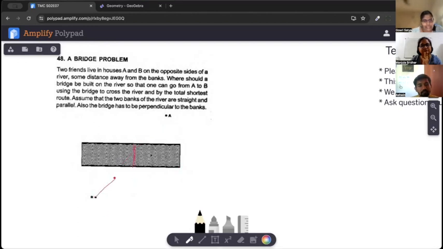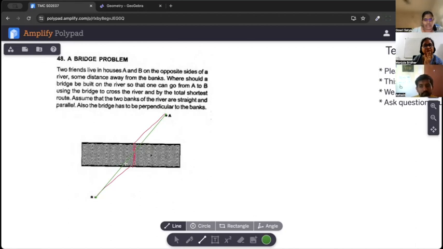But if we just do this, then there's a lot of deviation from the actual shortest path, if you just connect this point to this point. There's quite some deviation happening.